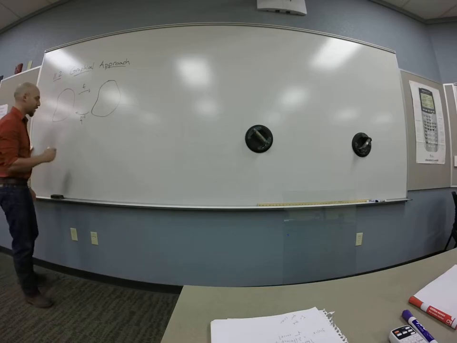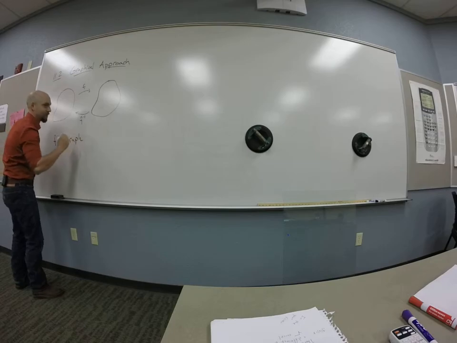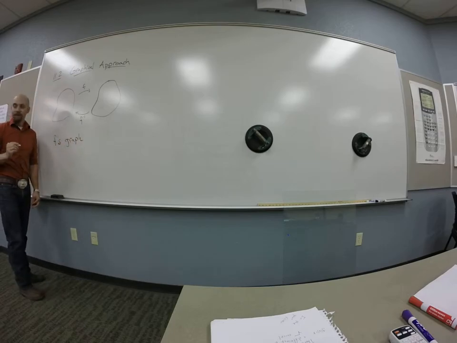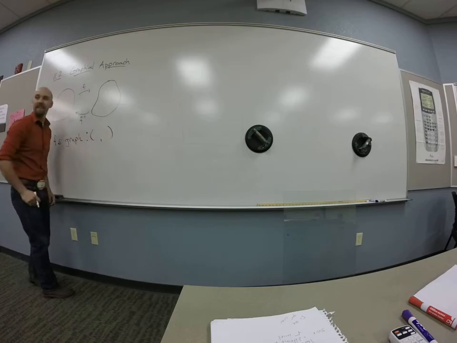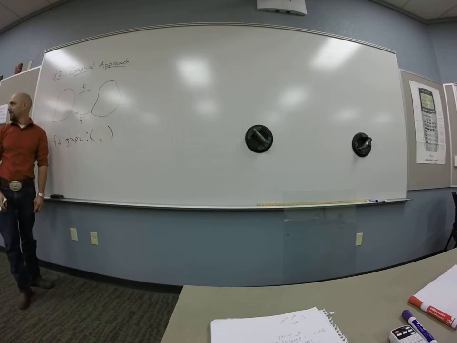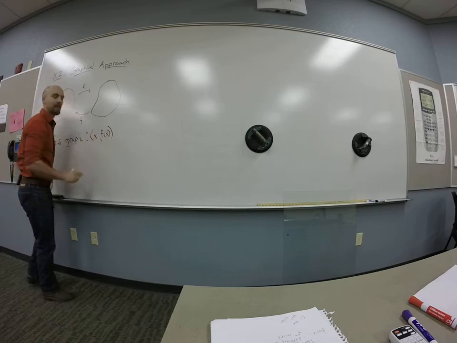Okay, so if I think about a point on f's graph, what do points on there look like? You guys remember this? They look like an x, f of x pair, right?